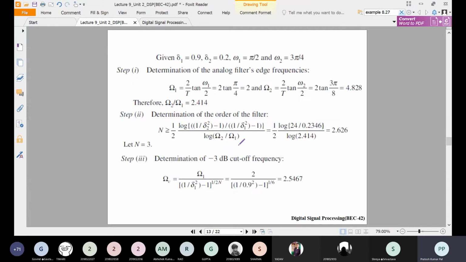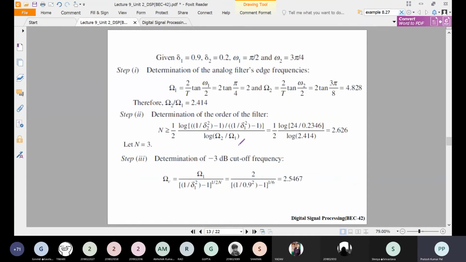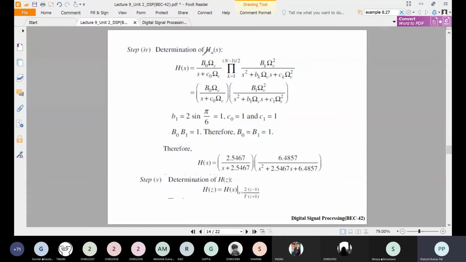Okay, so similar examples are there further also. We will be considering another one. The difference here is that the n value comes out to be 3. If n is 3, then for odd n the transfer function formula is this one. By putting n equal to 3, it comes out to be this.